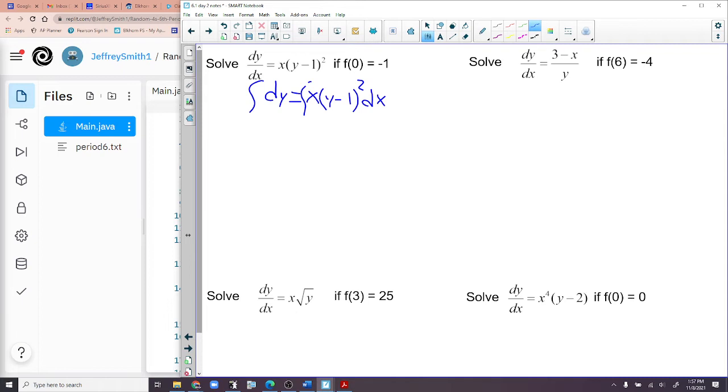No. You split the differentials. You gotta get the y minus 1 squared over to the other side. Oh. Yeah. Right. Okay. Why don't you just erase that?